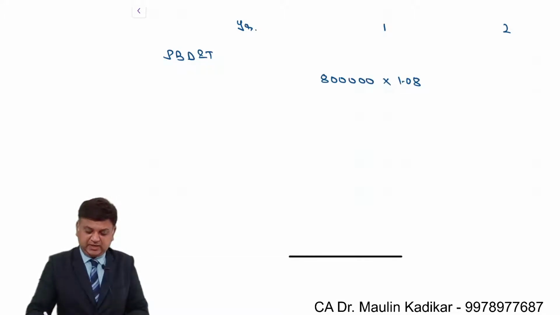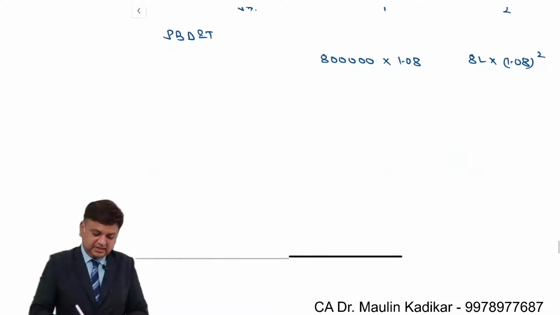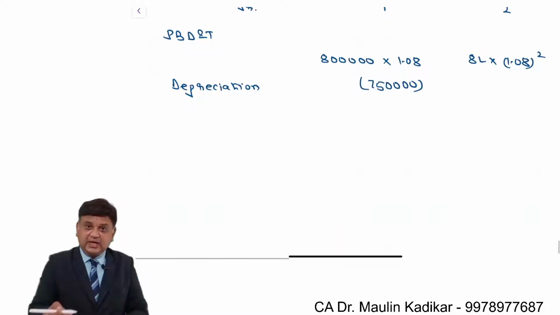For the second year it will be 8 lakhs into 1.08 raised to 2. Then depreciation, it is 15 lakhs divided by 2, 7,50,000 for the first year, again 7,50,000 for second year.